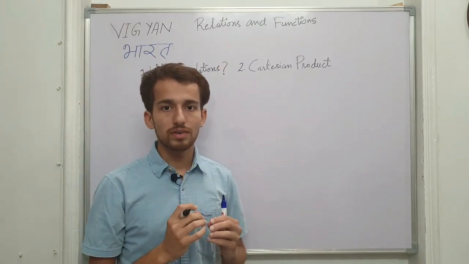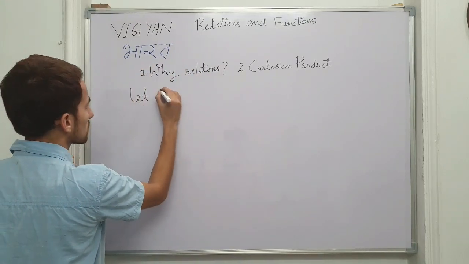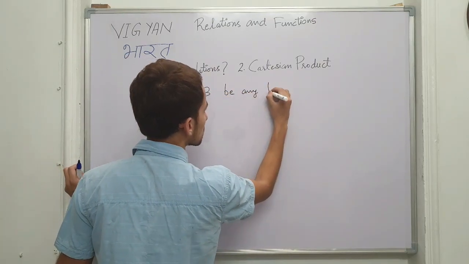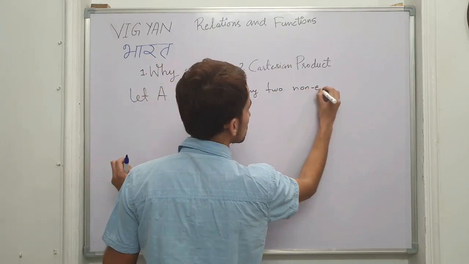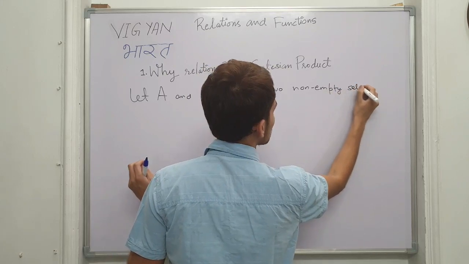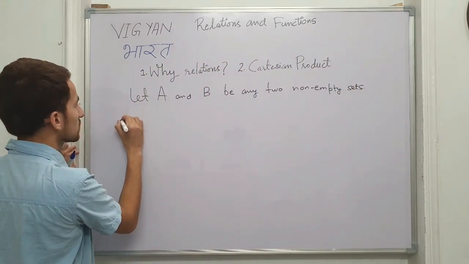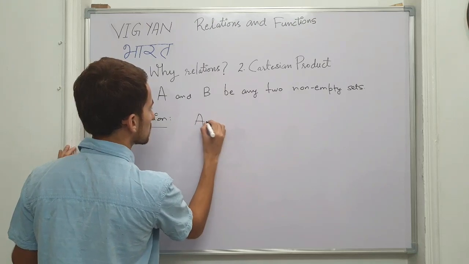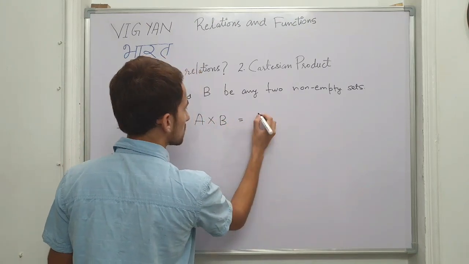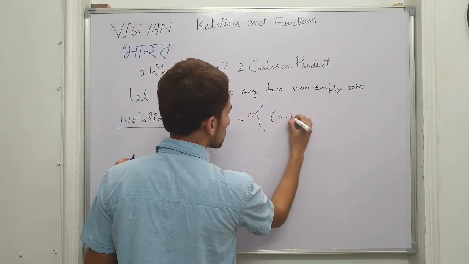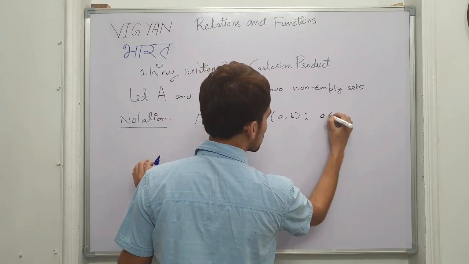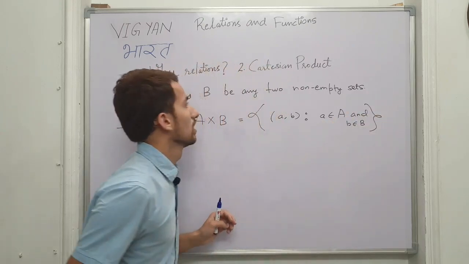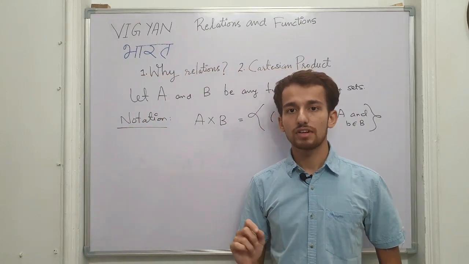For this, let me now write the definition. So this is the mathematical definition of a Cartesian product.